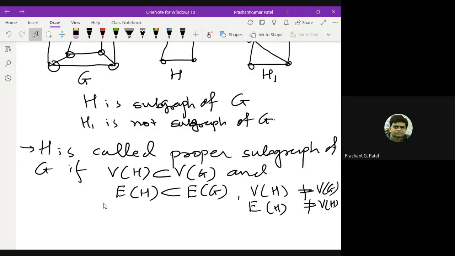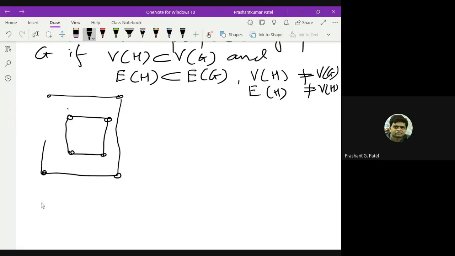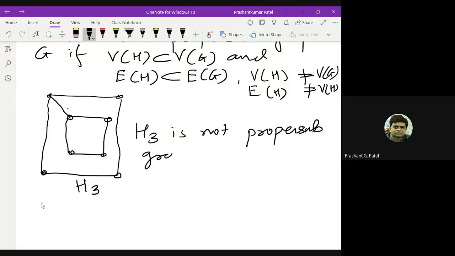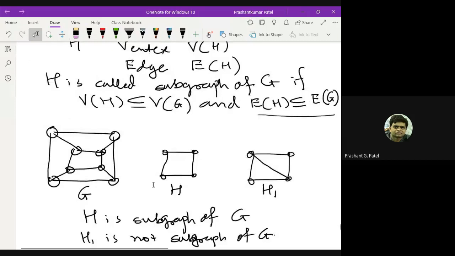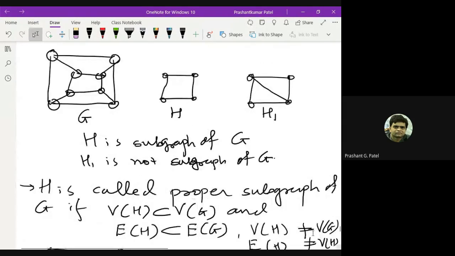H1 is not, but if I draw the figure like this, and say this is H3, then H3 is not a proper subgraph of G. The G is what we already mentioned here, this is my G. But this H is a proper subgraph of G, because the vertex set is not equal, and the edge set is also not equal.